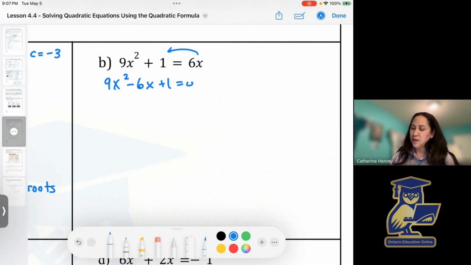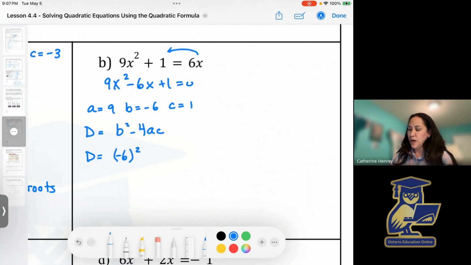Now we can see that a is equal to 9, b is equal to -6, and c is equal to 1. The discriminant then is equal to b squared minus 4ac, and now I'll go ahead and do my substitution. b squared, well, b is -6.